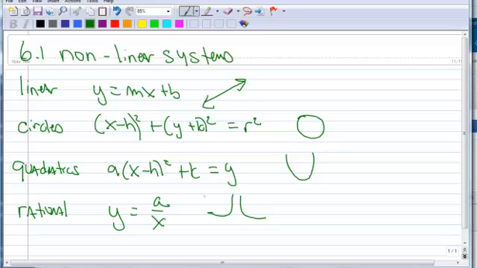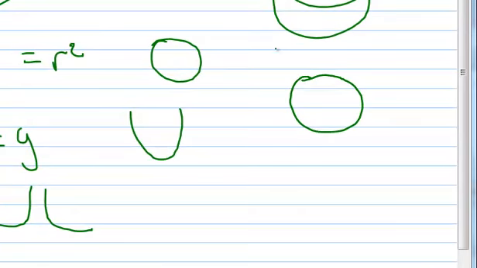So let's just do one as an example, just visually. So I could have a circle, and then I could intersect the circle with a parabola, and there's two solutions. I could have a circle, and I could intersect the circle with a parabola, and there's three solutions.